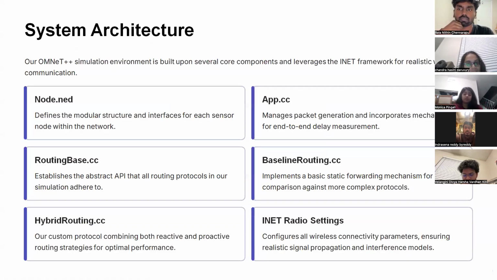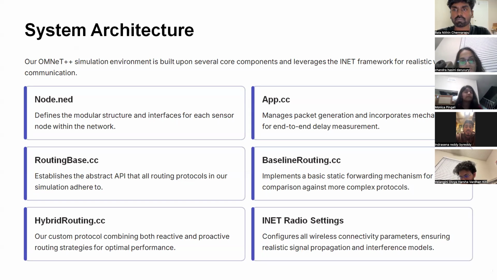Thank you. So coming to slide 4, the simulation is mainly built on Omnet++ 6.x using the INET framework for wireless communication. Each sensor node is defined in node.ned, which shows the structure of the node. The app.cc creates data packets and measures end-to-end delay.